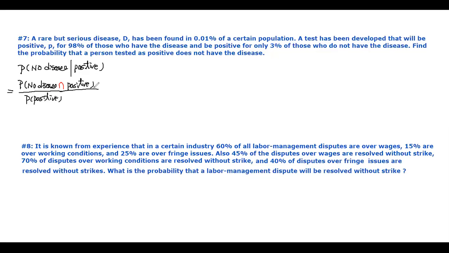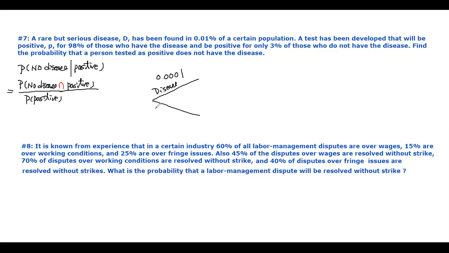Okay, so now let's see how we do that. Typically when we do this type of problem, a tree diagram makes it easier. So here, this is the population, the people who have the disease. It's 0.01%, so this is 0.0001.